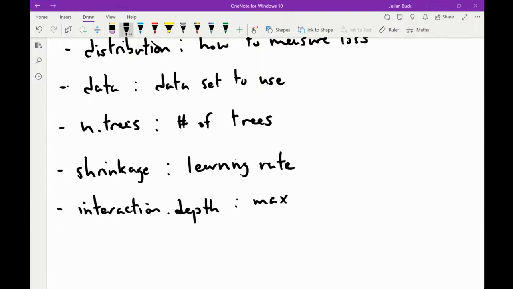This is the max tree depth. n.minobsinnode. As the name suggests, this is the minimum node size.